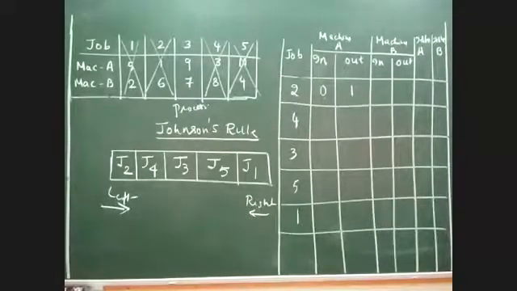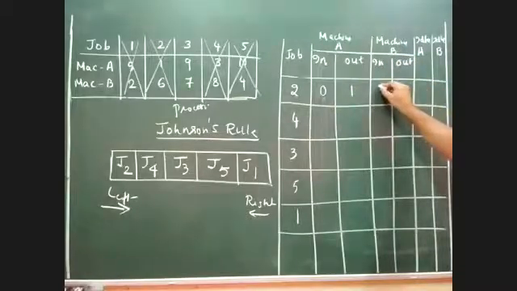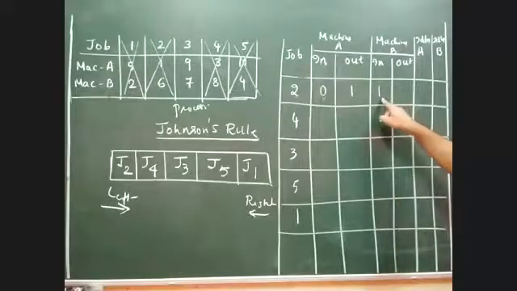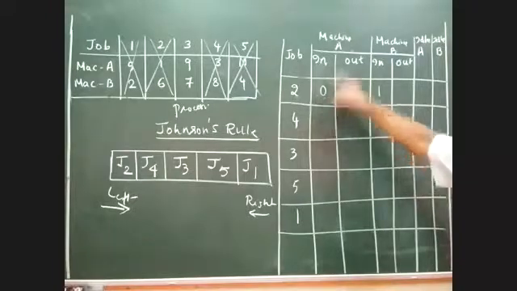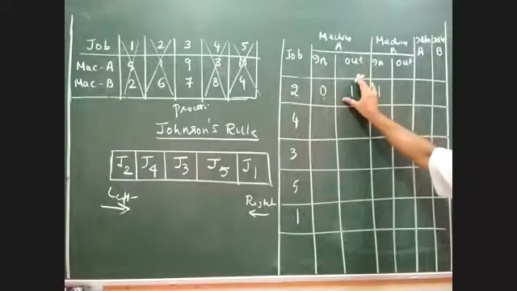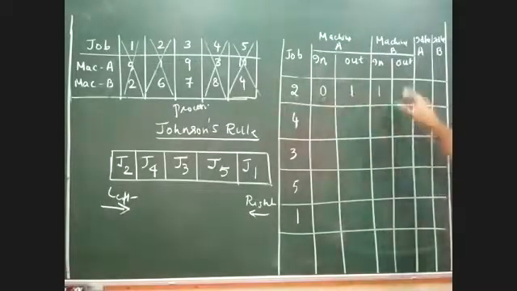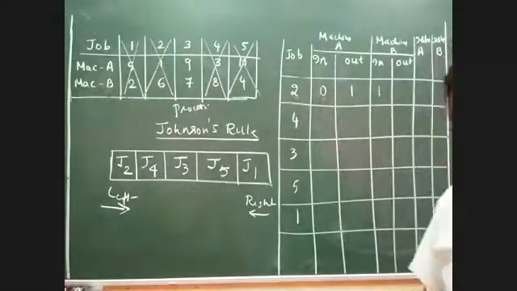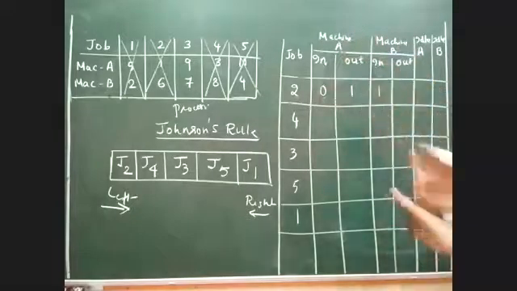So what does it mean? I will be able to start job number 2 on machine B only at the first minute. Why does it start at the first minute? Why can't I start at 0? Because it is not yet ready on machine A. Only once machine A completes its part will it transfer job number 2 to machine B. I told you an assumption: the time taken to transfer the job from one machine to the other is negligible.